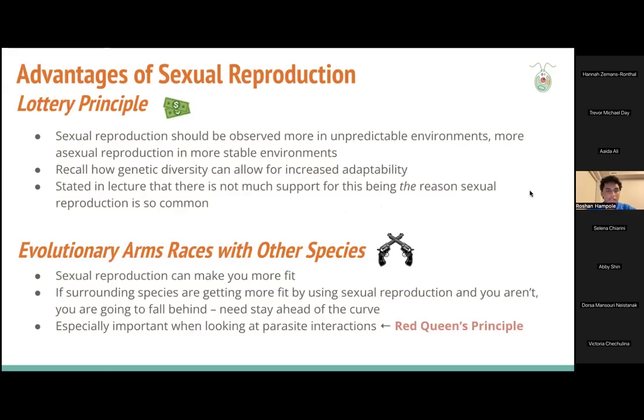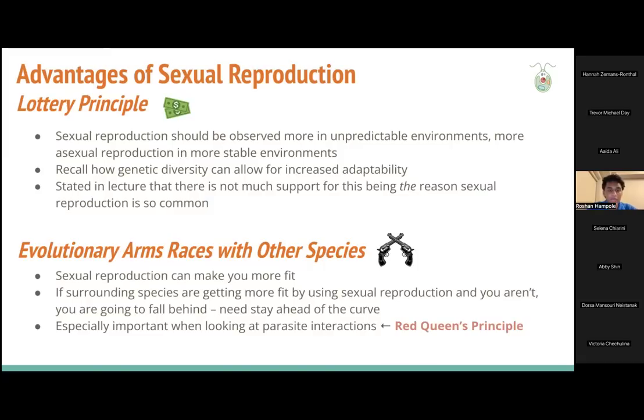Okay, so two more advantages to talk about. First is the lottery principle, which is kind of just repeating the concept of how sexual reproduction increases genetic diversity. This makes us able to adapt more to environments. The principle states that sexual reproduction should be observed more in unpredictable environments, and asexual reproduction is observed more in stable environments that don't change very often.